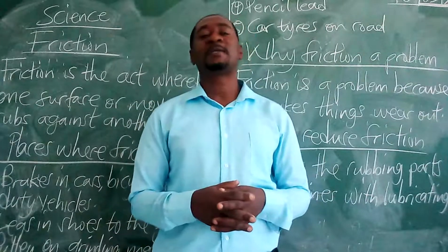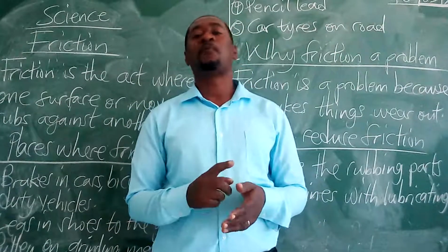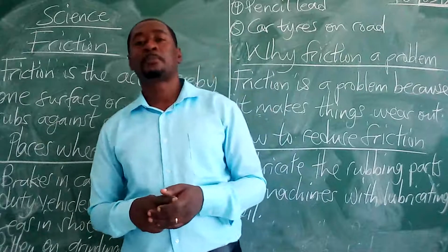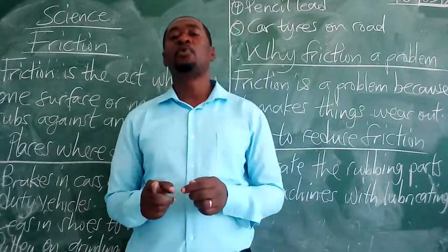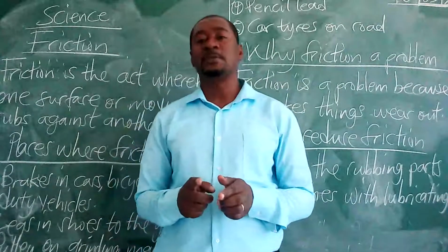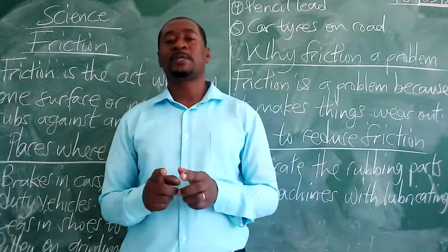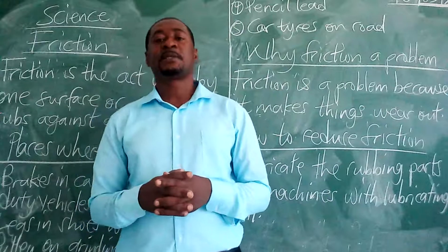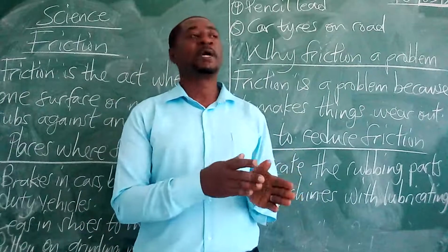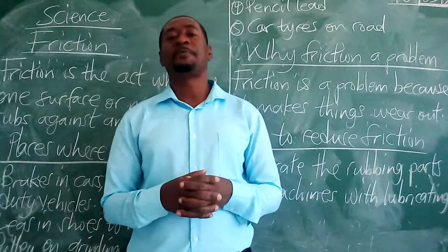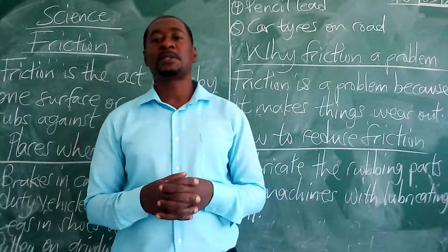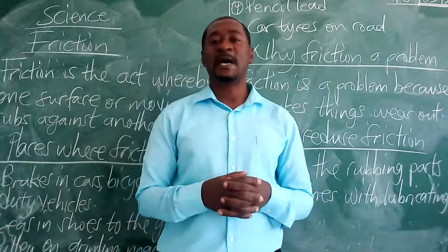We said that if we have 1 kilogram mass of an object on Earth, on the moon the weight of the object is 10 Newtons. If it's 5 kilograms on Earth, on the moon it will be 50 Newtons. That's what we learned the other day.